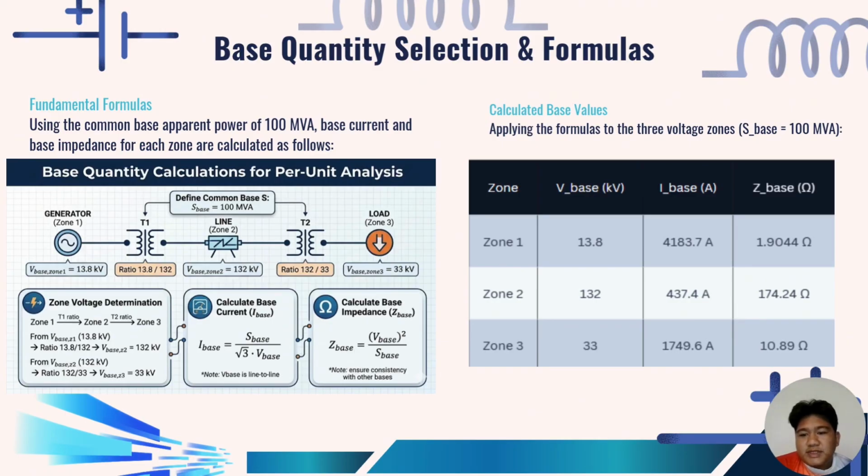And zone 3 operates at 33 kV, resulting in a base current of 1749.6 ampere and a base impedance of 10.89 ohm. By establishing these base values, we create the necessary foundation to perform per unit analysis across the entire system.